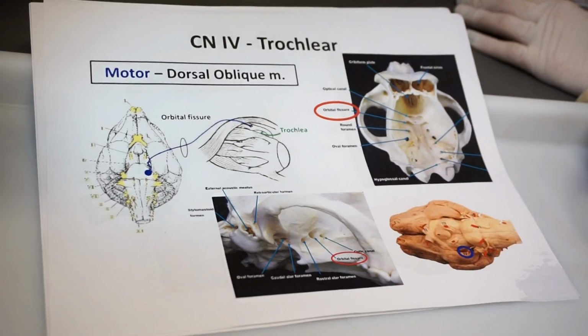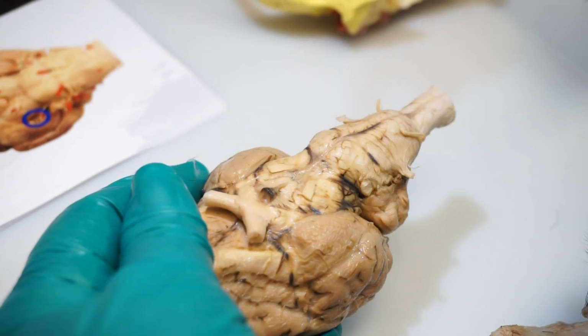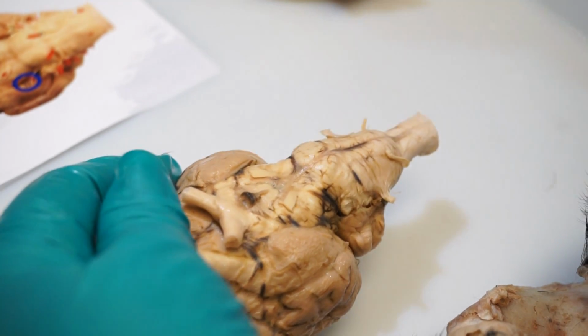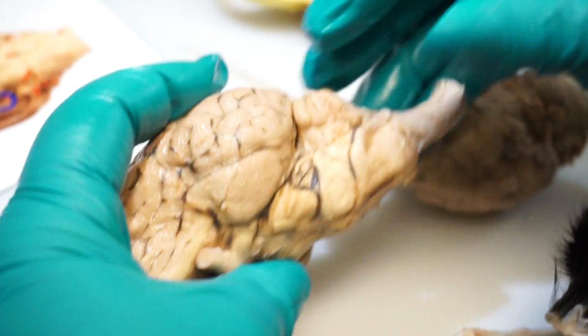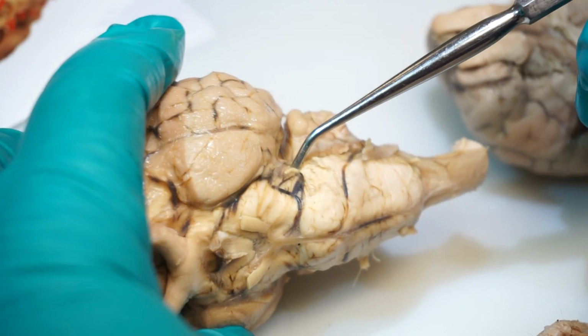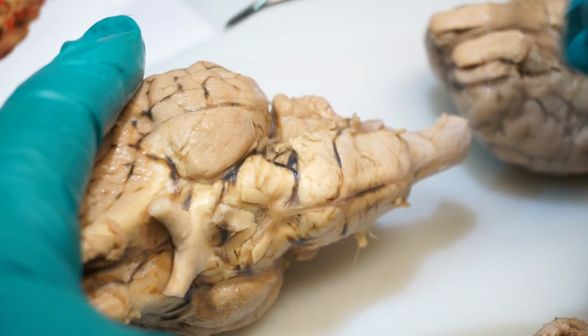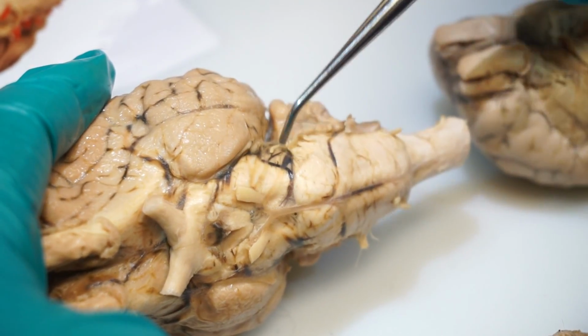In terms of where we're going to find that trochlear nerve on a brain, that one can be a little hard to find, because it's a teeny little guy that, oh, there it is. Sneaks out right there. So happy. Okay, so 1, 2, 3, 4.